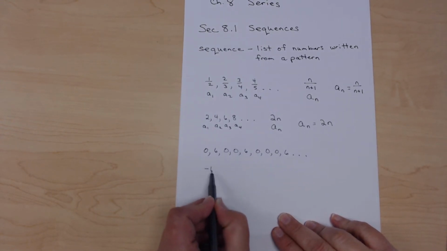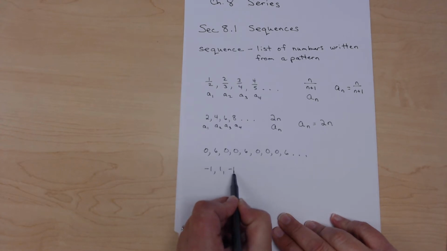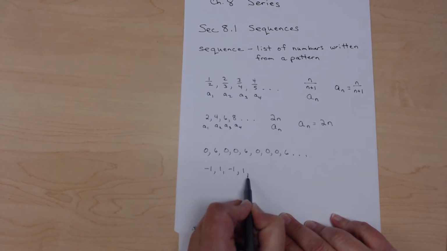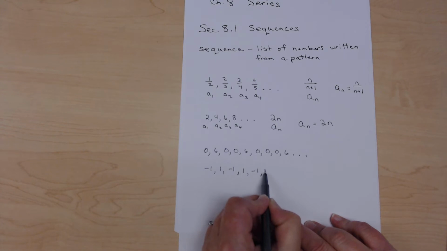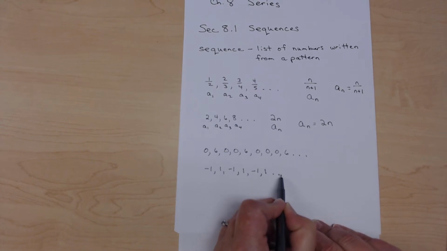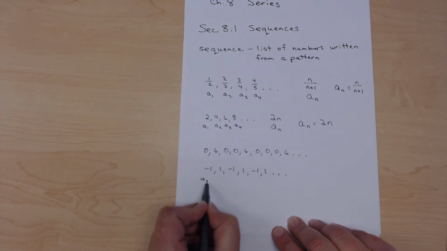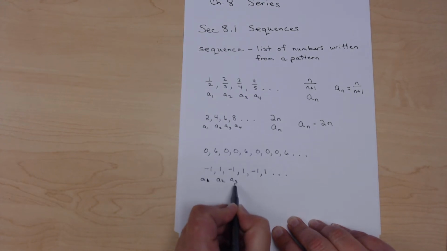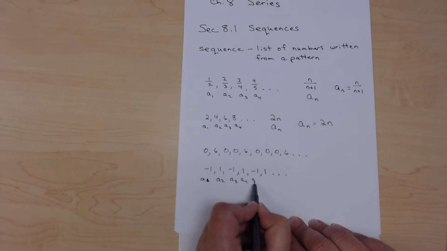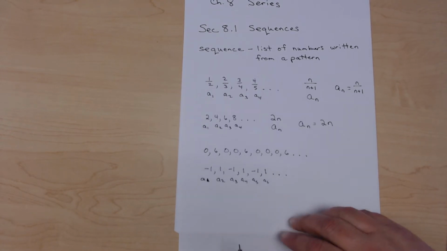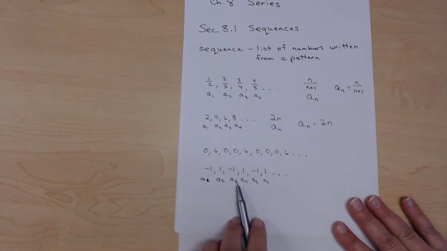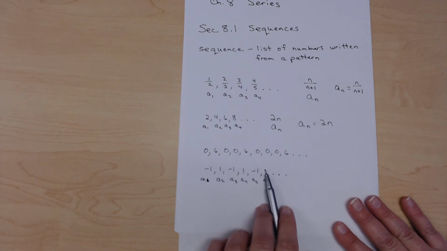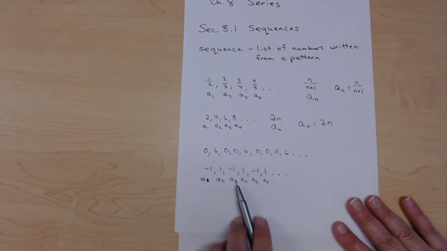This one we actually can. It's -1, 1, -1, 1, -1, 1. You get the idea, dot, dot, dot. So this would be a sub 1, a sub 2, a sub 3, a sub 4. Notice all the even ones are positive, and all the odd ones are negative.